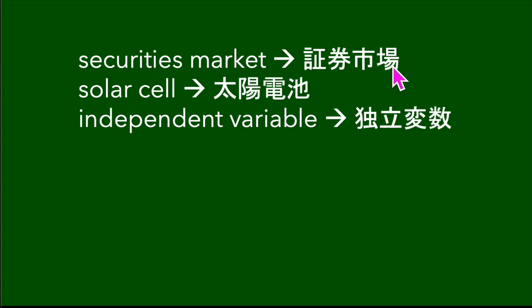So securities market is rendered exactly the same in Japanese as is solar cell, taiyo denshi, or independent variable, dokuritsu hensu. So all of these are sort of directly translating word for word, okay, word for word.